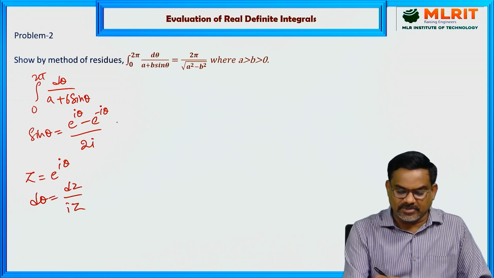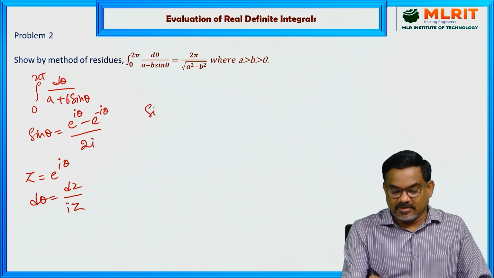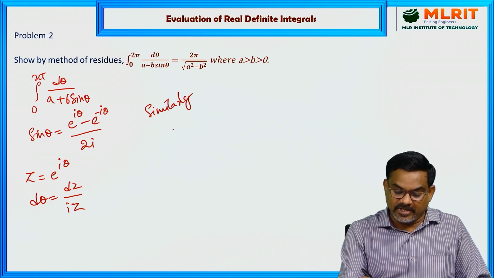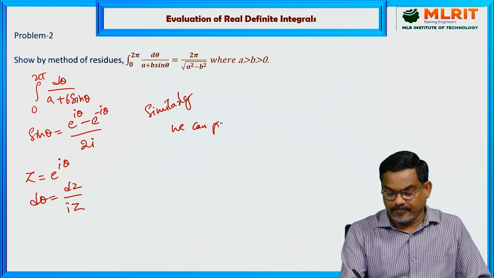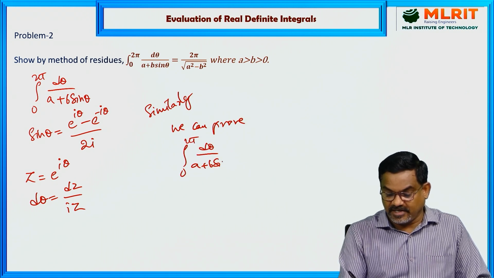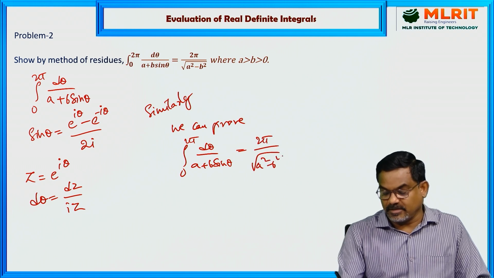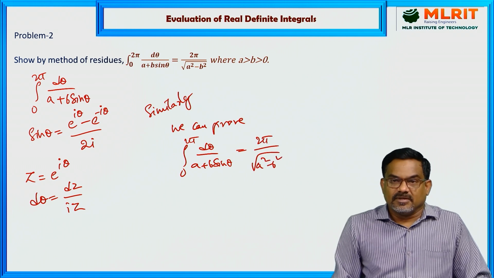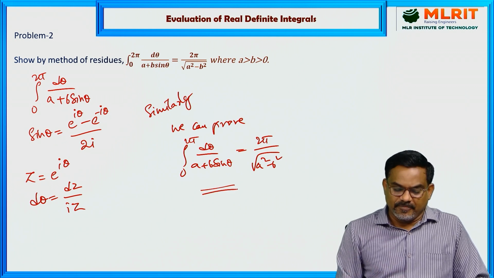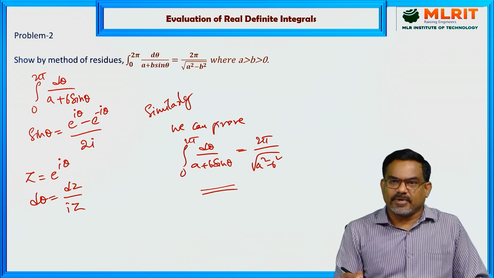If you follow a similar procedure, we can prove integral 0 to 2 pi d theta by a plus b sin theta is also equal to 2 pi by root a square minus b square. The same procedure you need to follow to prove this, that you can practice.